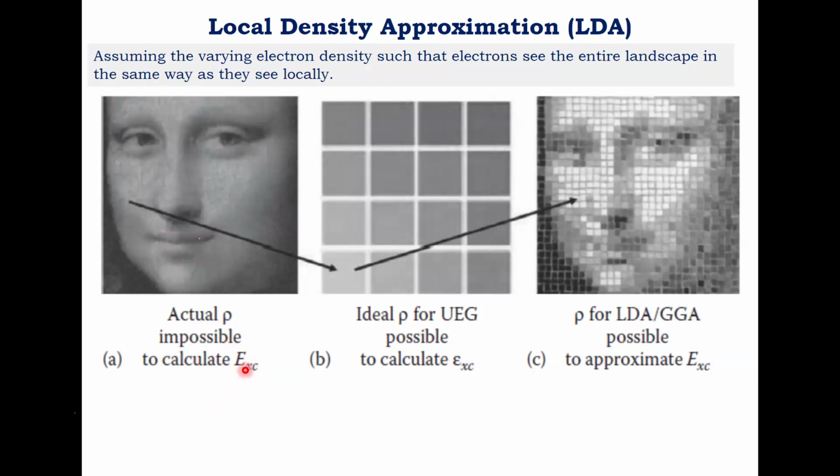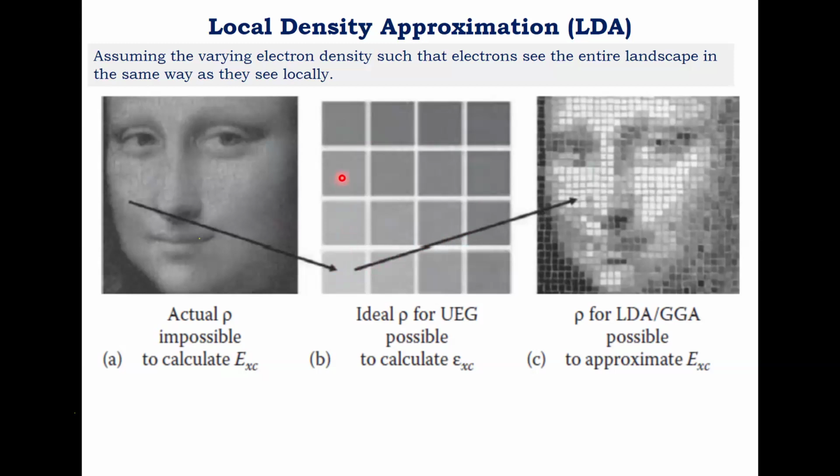So what you do in the local density approximation is bifurcate this actual density in terms of the homogeneous electron gas. We have bifurcated the actual density into these small boxes. The local density approximation means the density is locally constant. If you see the small box, the density is constant. In the second box, it is constant.